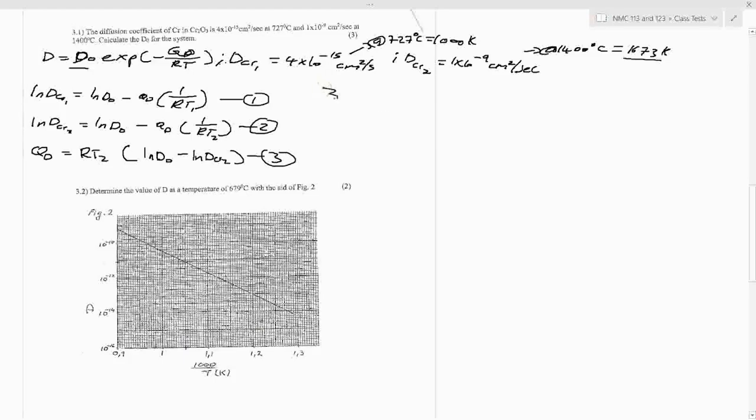And let's put 3 into 1. That way, the only unknown that we'll have is D0, which is our pre-exponential.